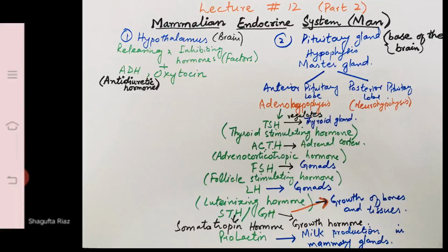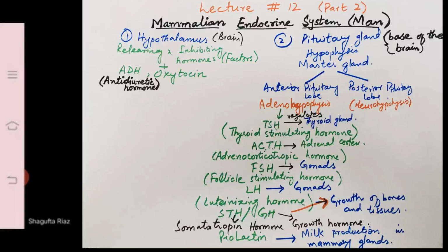Hypothalamus is responsible for release of, you can write it with me, releasing and inhibiting hormones, or we can call it factors, right? So hypothalamus basically is responsible for two types of secretions or hormones, that is releasing and inhibiting hormones or factors.